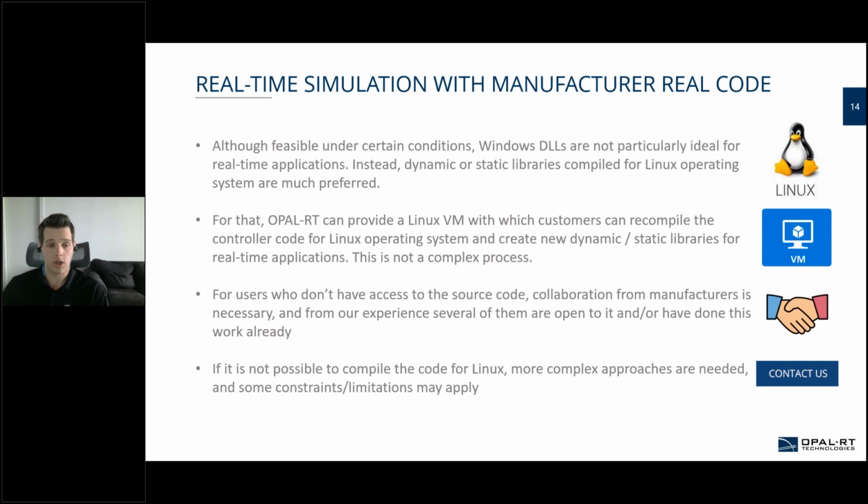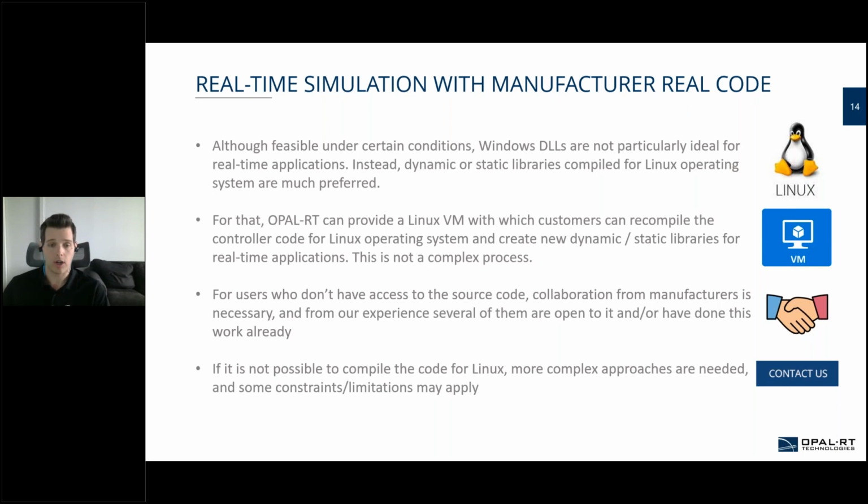Say with slower communication protocols such as C37118, it's something that we've done already. You can actually run quasi real-time simulation on Windows with communication protocols, and the performance is mostly good enough for several applications. It really depends on the level of performance that you're looking for your application.